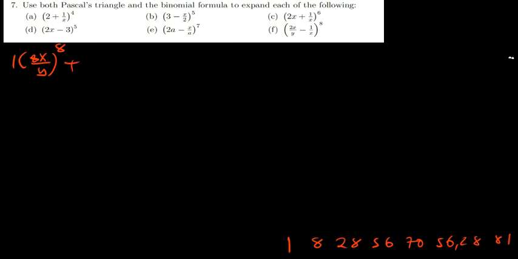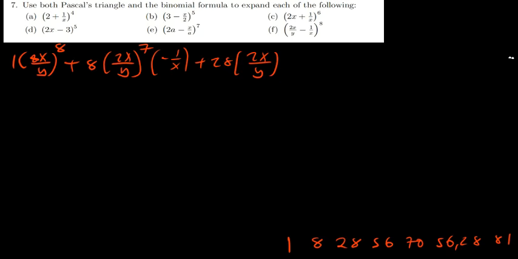Next, the coefficient is 8. So I've got 2x over y raised to the power that reduces by 1 now, 7. Then the other one now is going to be negative 1 over x raised to the power 1, plus the next coefficient is 28. So 2x divided by y, then it's going to be to the power 6. Then this one now will be to the power 2.